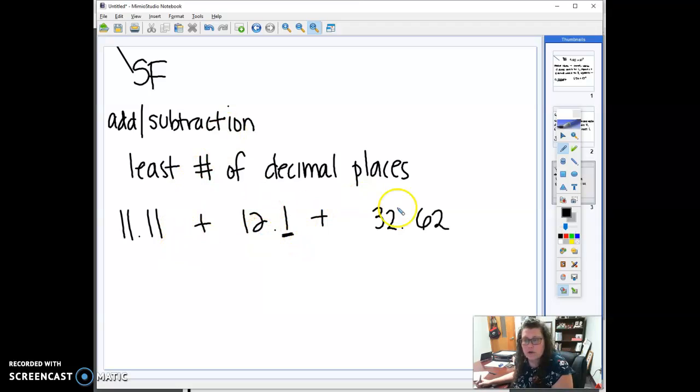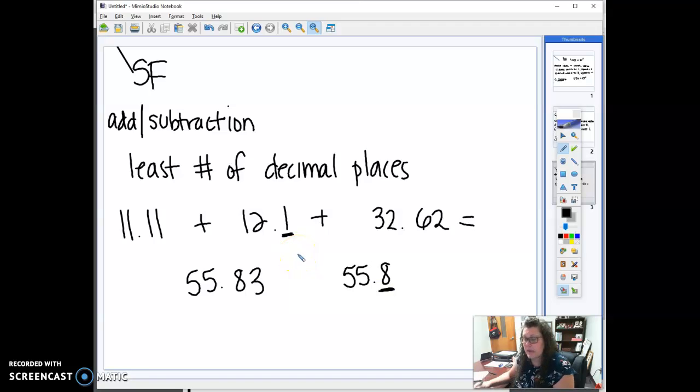Then my answer would be, what is that, 55.83, I think. And so we would round to 55.8 because I just want that 1 digit to the right of the decimal.